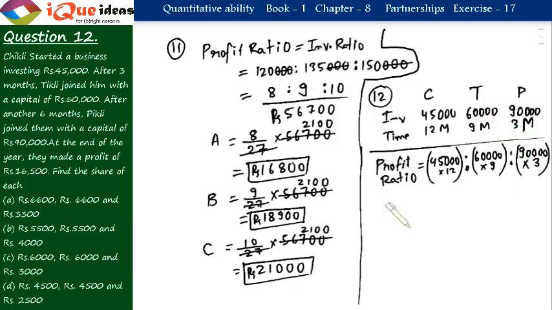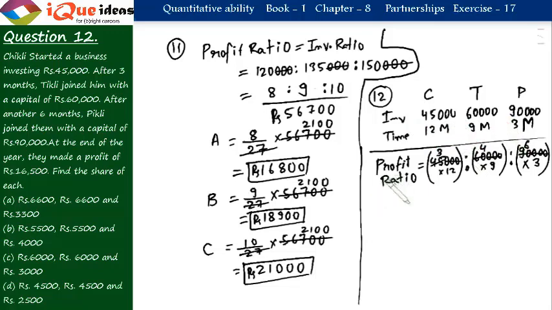Alright. Now see, 3 zeros would be cancelled. Then 45, 60 and 90 all are divisible by 15. So 15 cancels 45 3 times, 15 cancels 60 4 times, and 15 cancels 90 6 times.